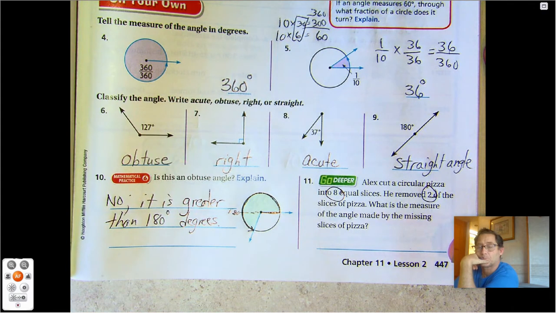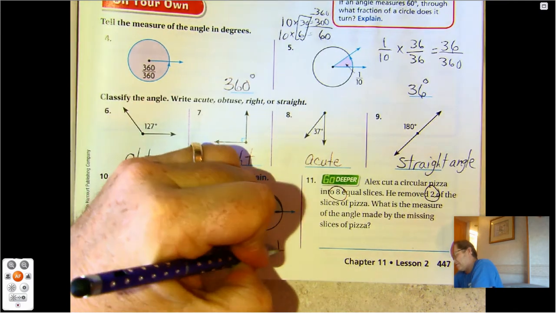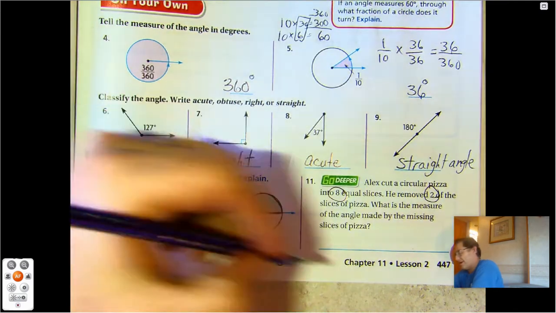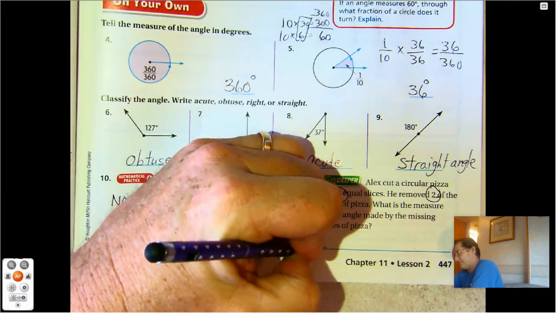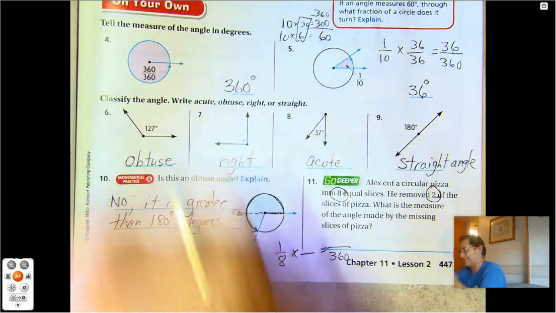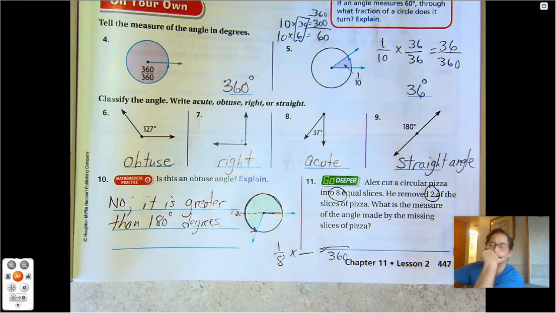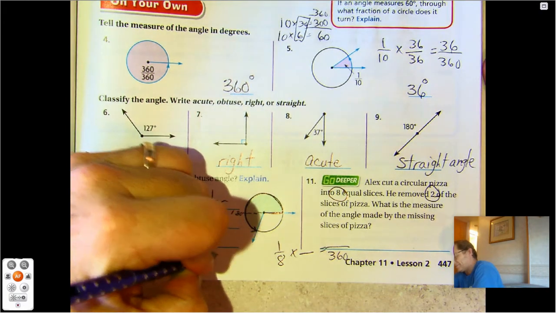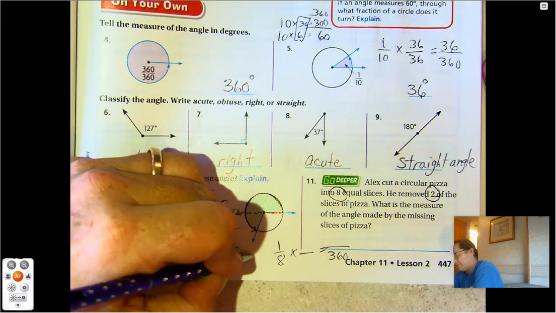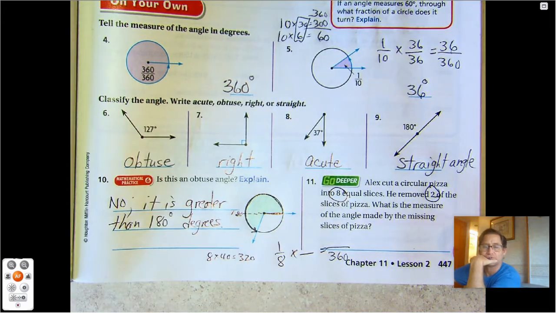So each slice is 1/8 of the circle, right? So let's see if we can find an equivalent fraction for that. 1/8 times something equals 360. Well, 8 times 40 would be 320.